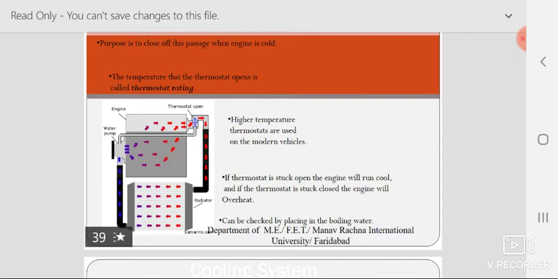You have to understand the engine will get cooled at different speeds in different ways. At higher speed, the temperature generation in the engine is high, so the cooling should be more. So the thermostat should be open. At lesser speed, say in heavy traffic or at a red light when the engine stops, the temperature generated in the engine is less. So you don't need to run the fluid at high speed.